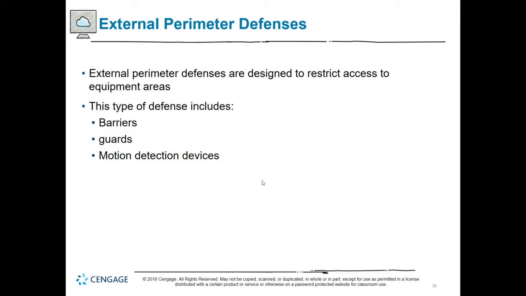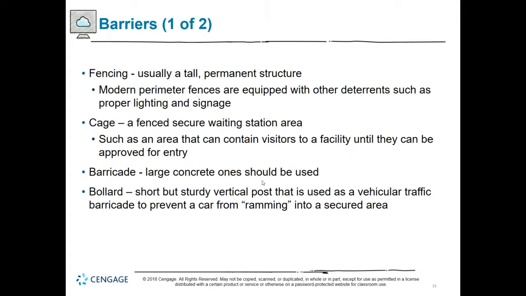Now, the external perimeter is designed to restrict access to equipment areas. Some of the defenses we look at are barriers, guards, and motion detection devices. Barriers are things like fences, so we want to put a fence around our building.